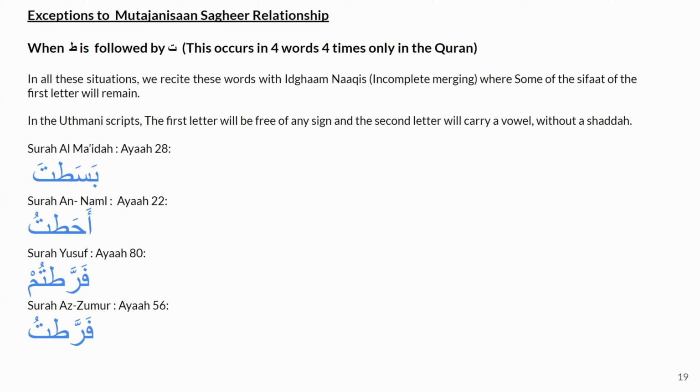So these are the only Mutajaanisaan letters that we have just discussed, where we will apply the rule of idgham when they are in a saghir relationship. Otherwise, we will always apply the rule of idhar when Mutajaanisaan letters are in a saghir relationship.